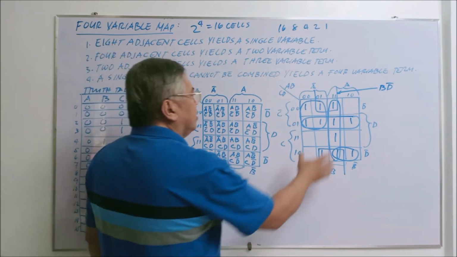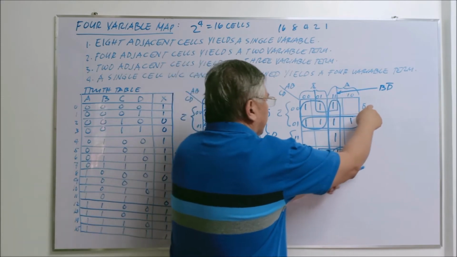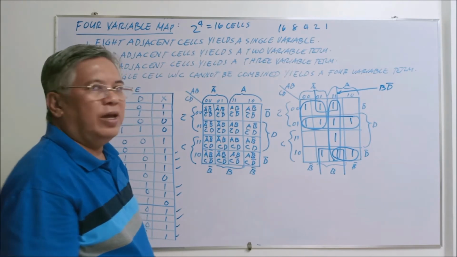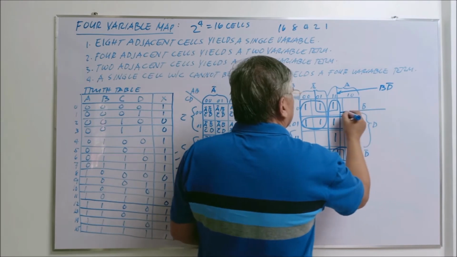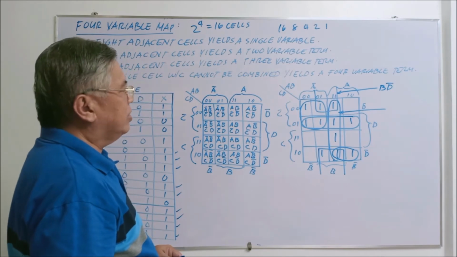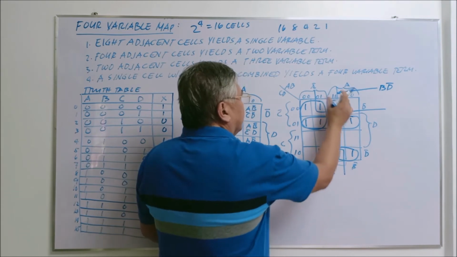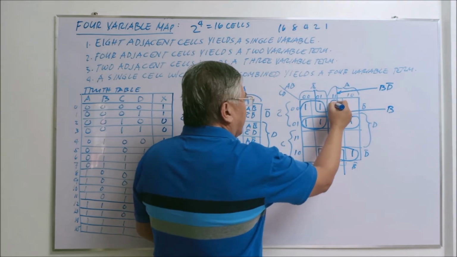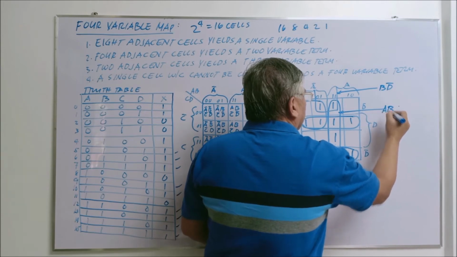That is under B, this one here, and this one is under B, and at the same time it is under D bar, the intersection of B and D bar. How about this one? Okay, this line, 4 adjacent cells in line. So this belongs to B, and then at the same time belongs to A. Okay, or you can say A, B.